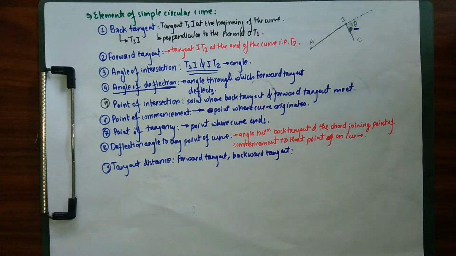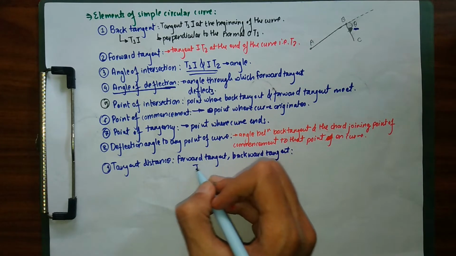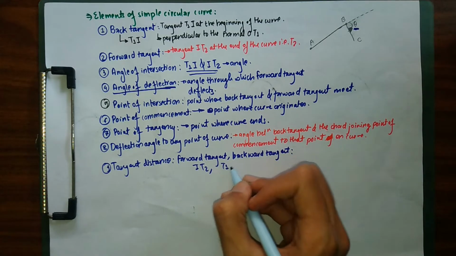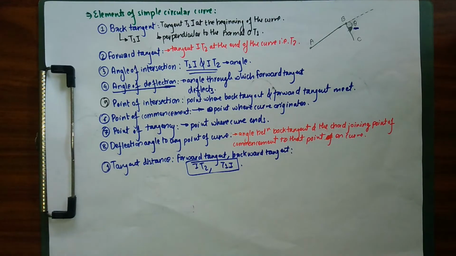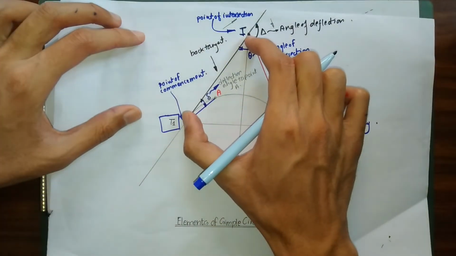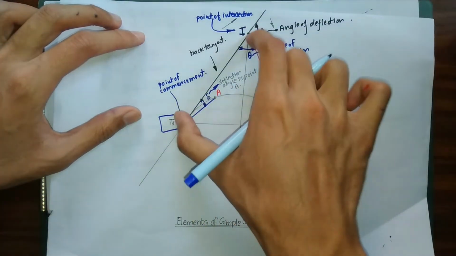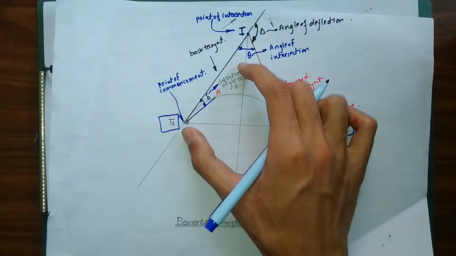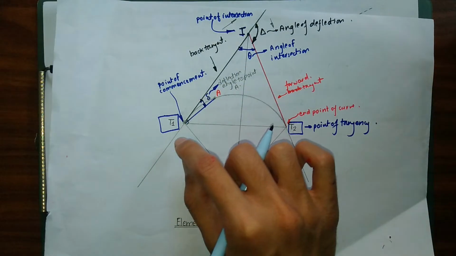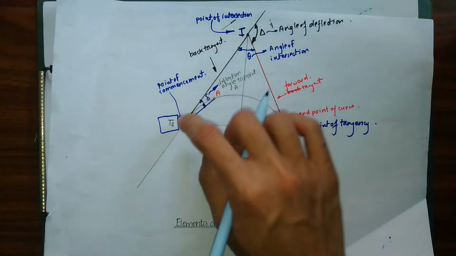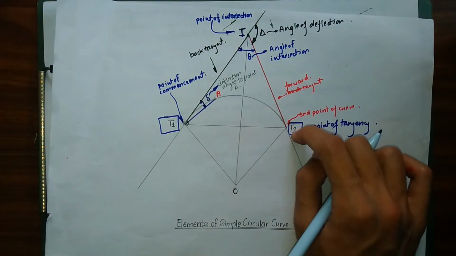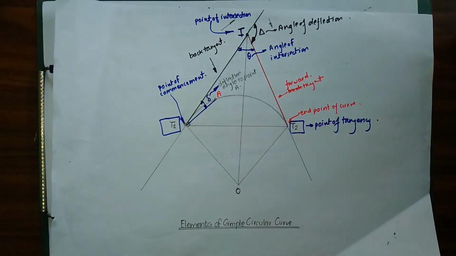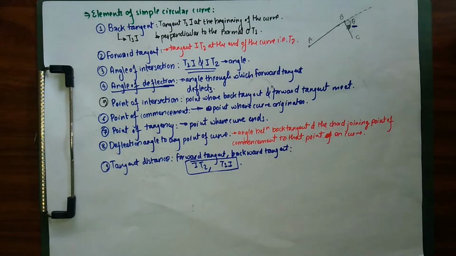We have our forward tangent as IT2 and our backward tangent as T1I. The magnitude of these lines, from T1 to I and T2 to I, the distance between our point of intersection and our point of commencement, or between our point of intersection and our point of tangency, is known as our tangent distance.